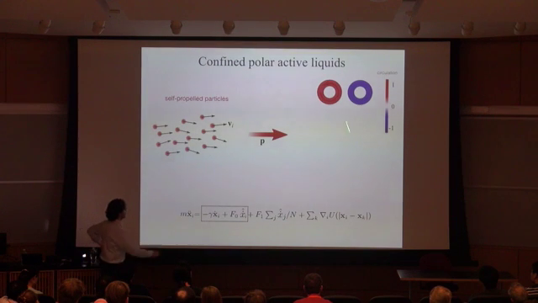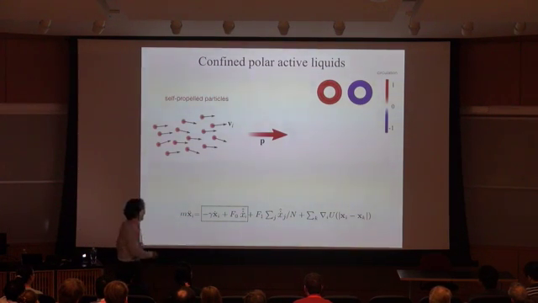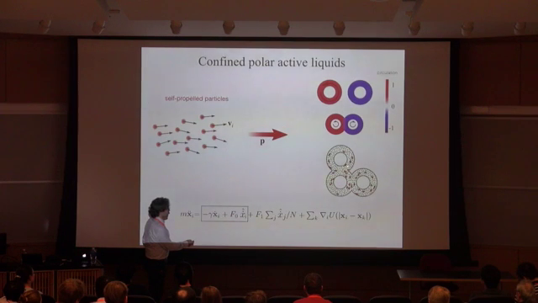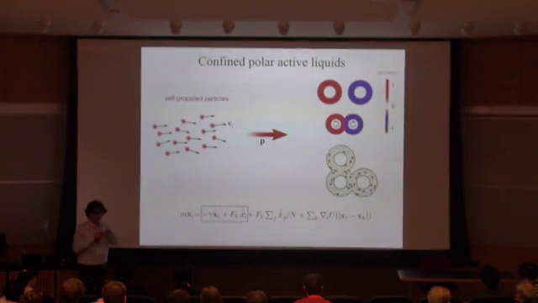Now the question is, what if these rings are not just such a simple geometry, but something more complicated, like this, for example? Well, now you know there's going to be this region in which the particles that are coming from here and the particles that are coming from here interact. And what this term will want to do is make them align in the same direction.